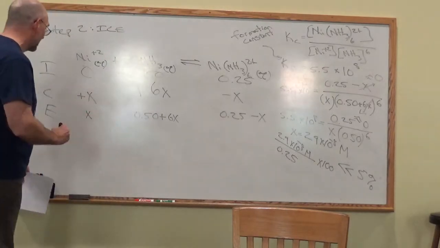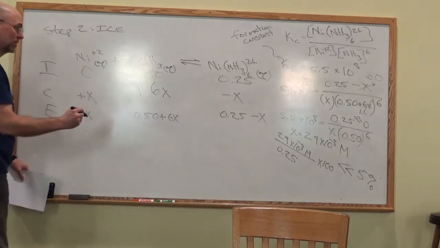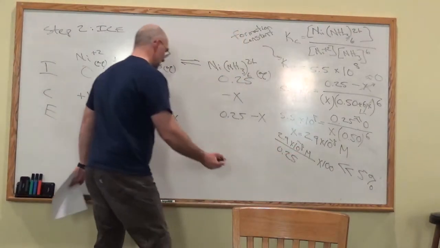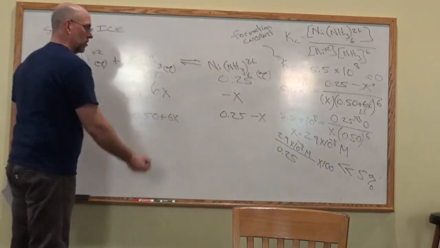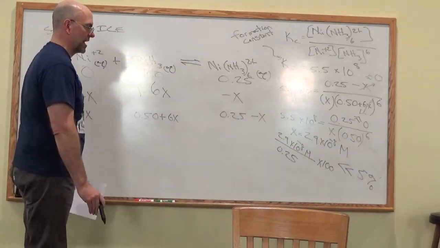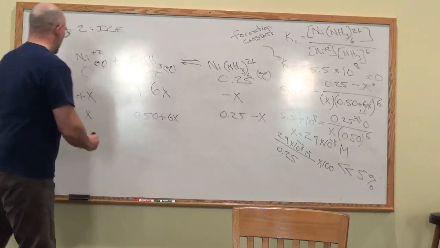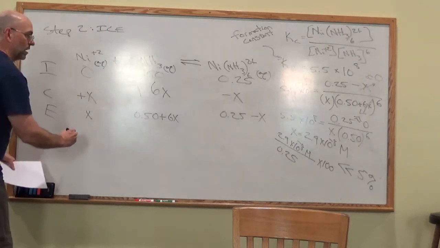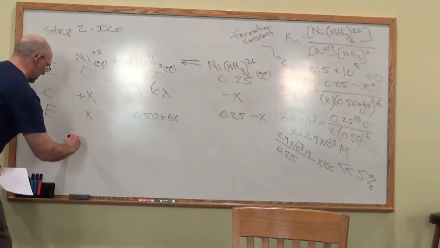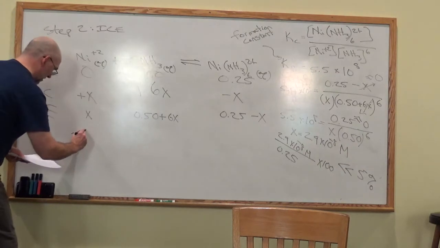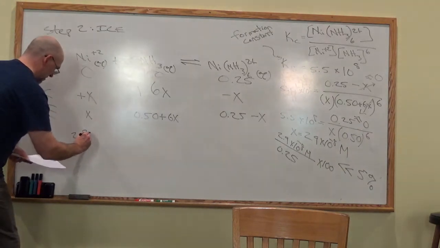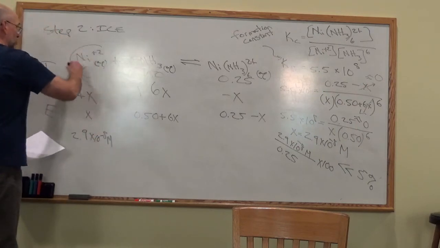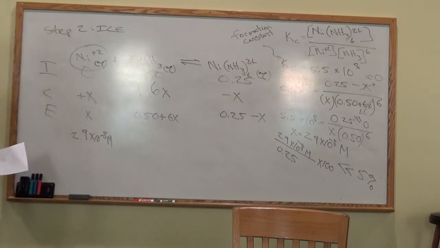So now the final step is, what are the equilibrium concentrations? Take that value for x. Okay, well actually it's a little anticlimactic at this point. So the equilibrium concentration of nickel is going to be, well, x. So 2.9 times 10 to the minus 8th molar, that's the equilibrium concentration of nickel.